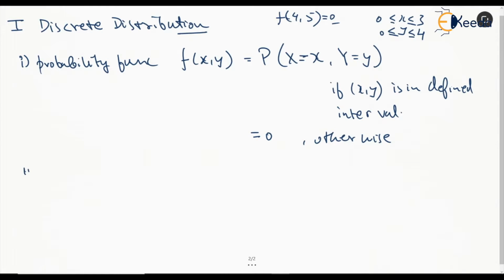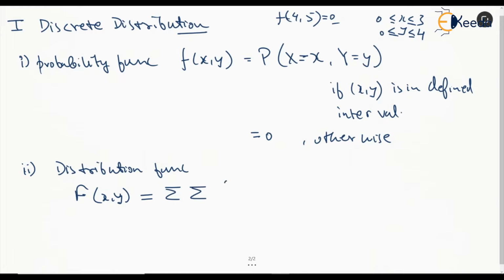Now, this is about the probability function. Next is the distribution function. So we know in the case of discrete, the distribution function is found by summing up all the density function or probability mass function. In a similar fashion, the probability distribution for discrete is given as the sum of f of xi, yj.